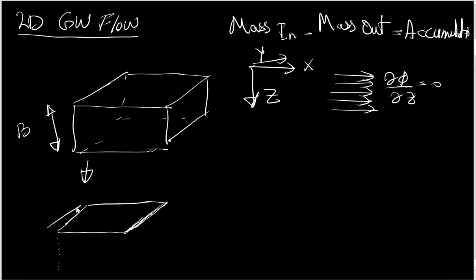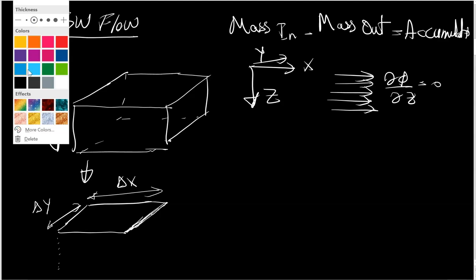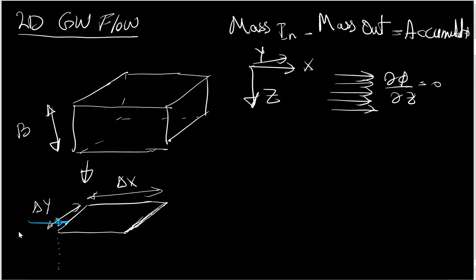So in this condition, if this is x, this will be my delta y, and this is my delta x. I want to find the Qx. Now the mass which can go into the system is rho Q star at x.